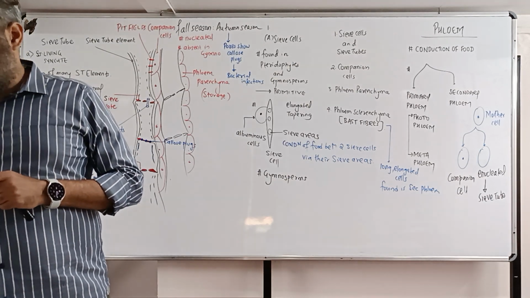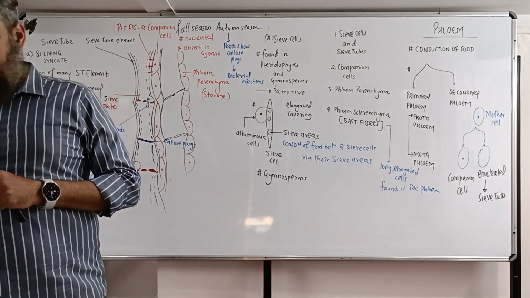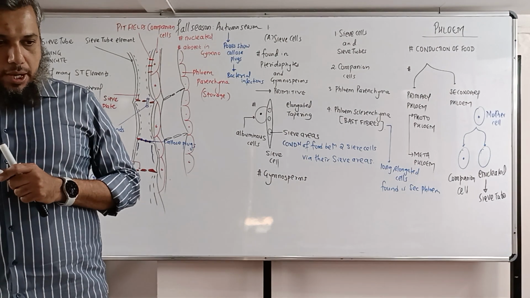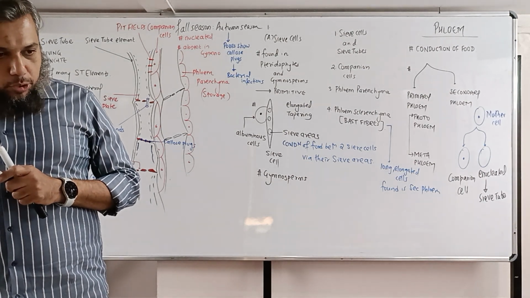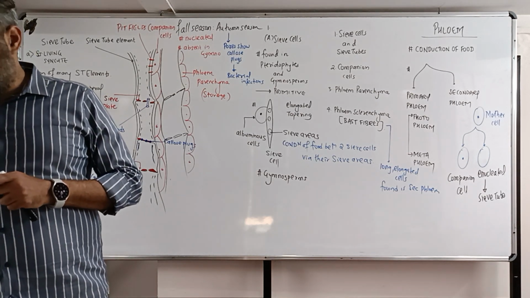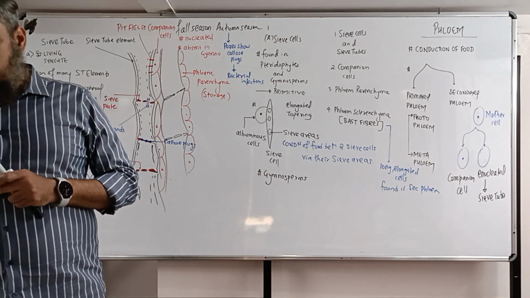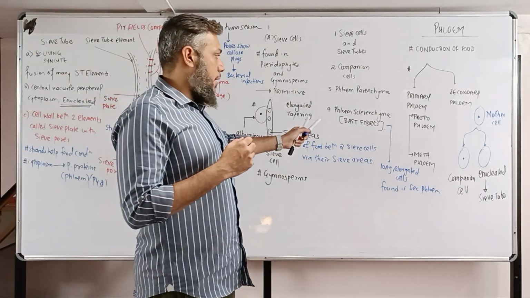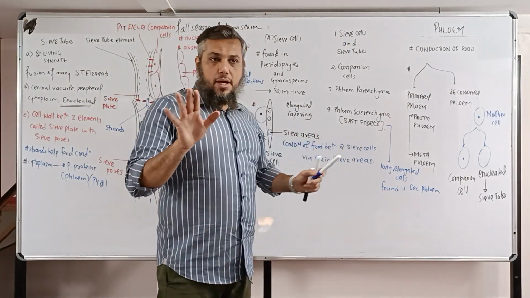So if they give you exactly the same diagram and ask, is it a primary phloem or a secondary phloem, what is the answer you give? Primary phloem, because it is not showing the presence of sclerenchyma. Bast fibers are absent.